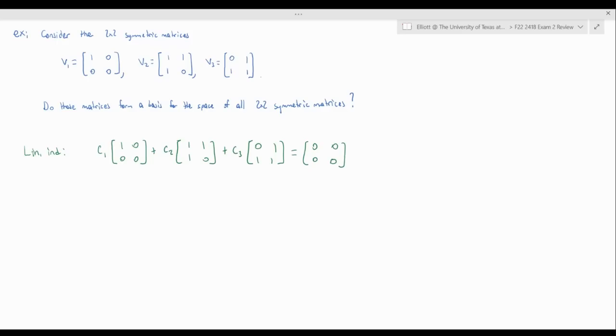Because for linear independence, that's the equation in the definition. And remember, what we want to do is check if C1, C2, C3 must be equal to 0, okay?